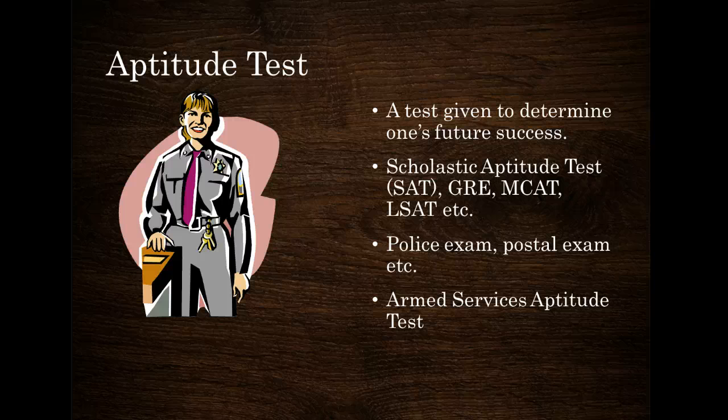The Educational Testing Service, ETS, has years and years of statistics stating that the SAT is an accurate predictor of success in the freshman year of college. Now, I'm sure many of you did very, very well in college and did poorly on the SAT, so every test is not perfect, but there you are.